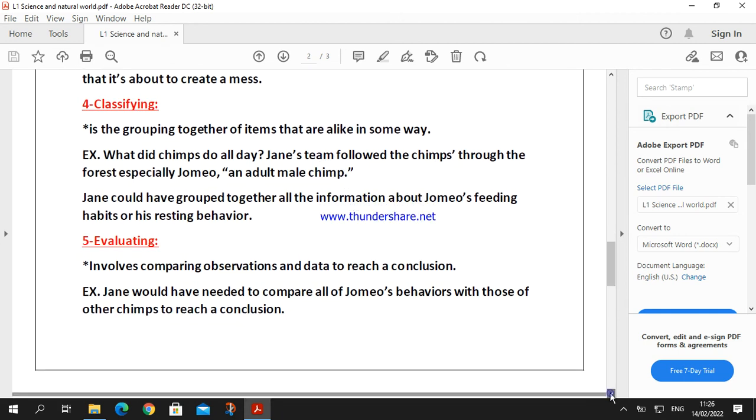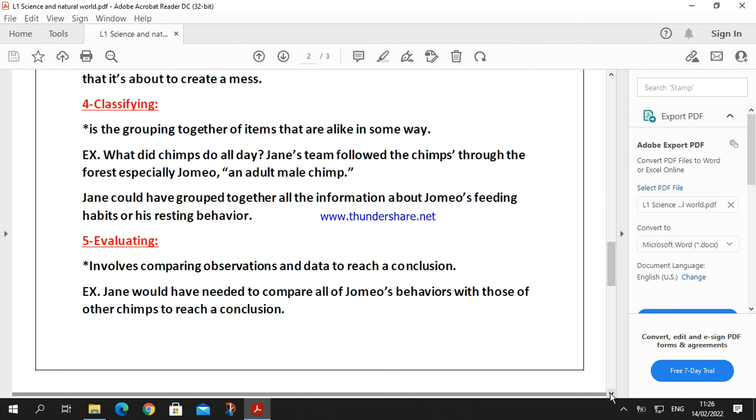Evaluating, the fifth skill, involves comparing observations and data to reach a conclusion. Comparing many observations and many data to reach a general conclusion.